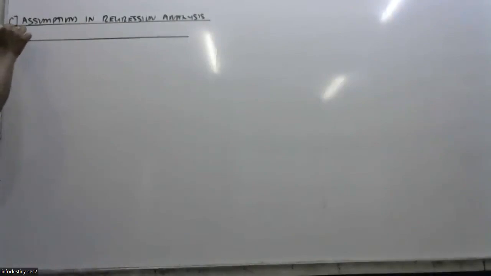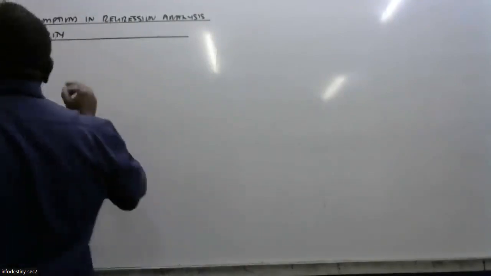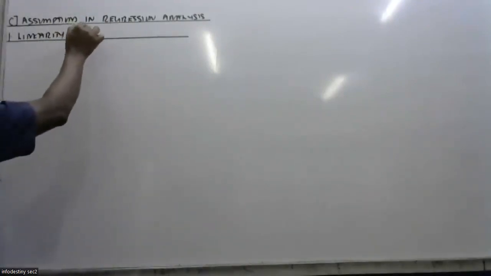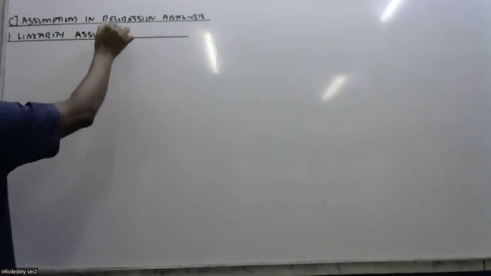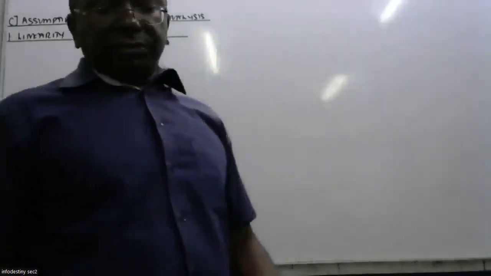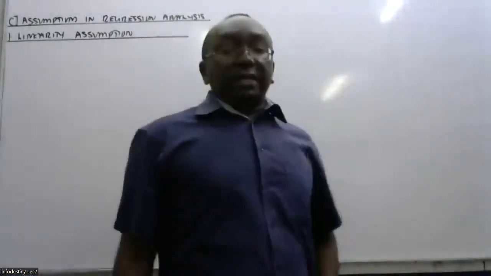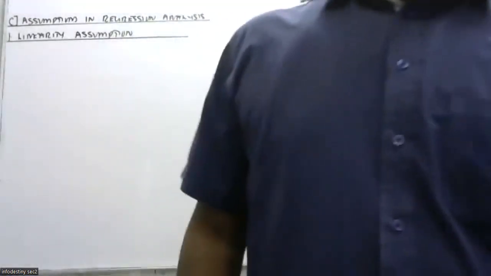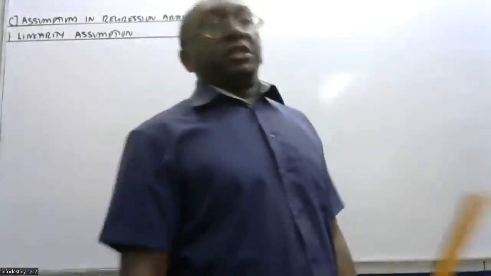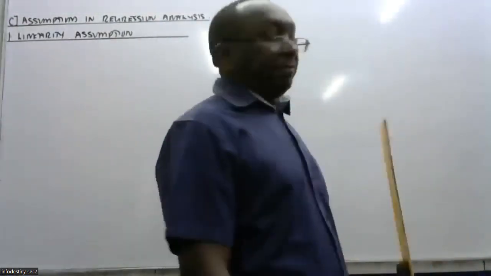So the first one is called the linearity assumption. What this linearity assumption means is that the relationship between X and Y is linear.